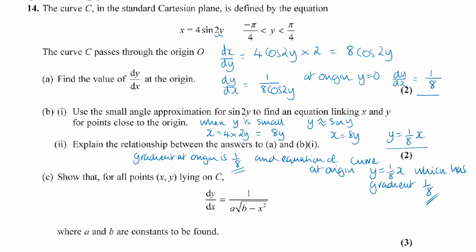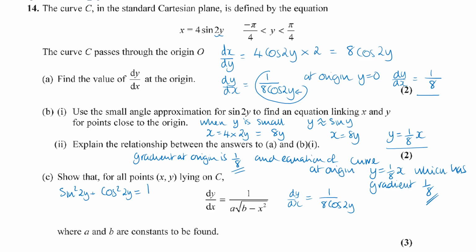Part C, show that for all points then dy by dx is 1 over this function with a's and b's. Well, so far we've got dy by dx and it's containing y, and we want it to find x. So dy by dx so far is 1 over 8 cos 2y. Now we know that sine squared 2y plus cos squared 2y is equal to 1.